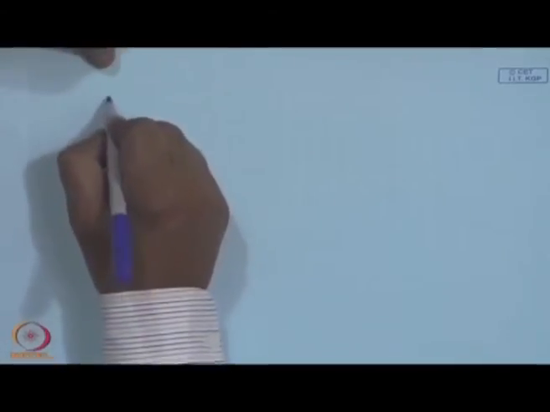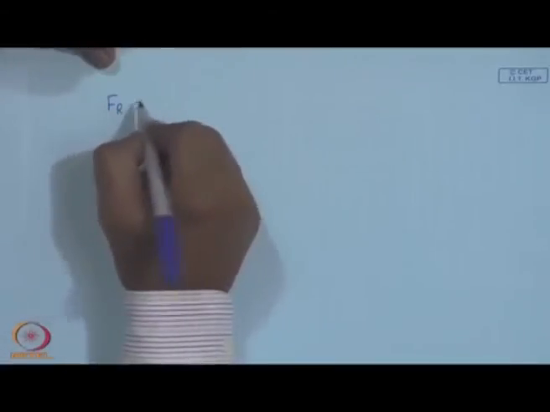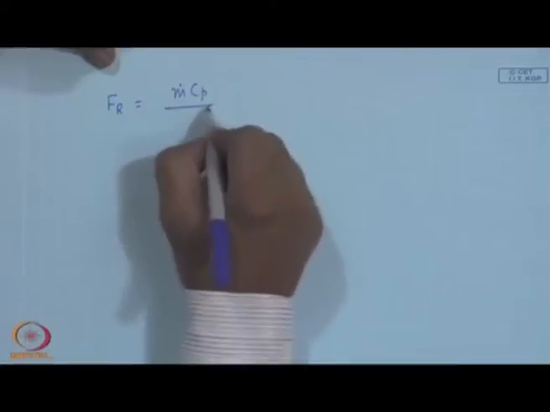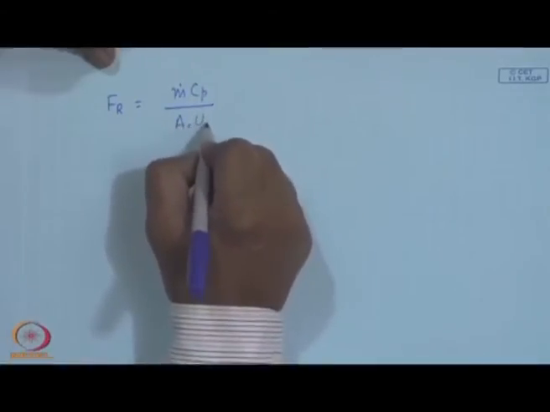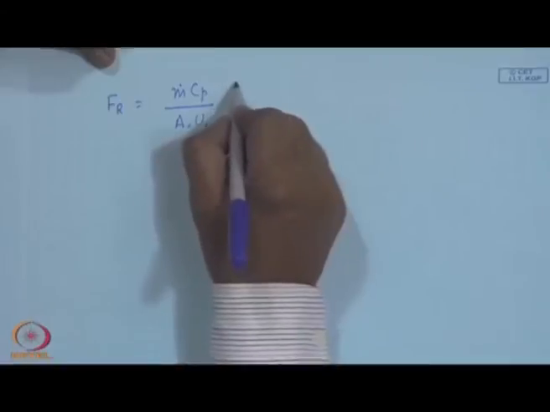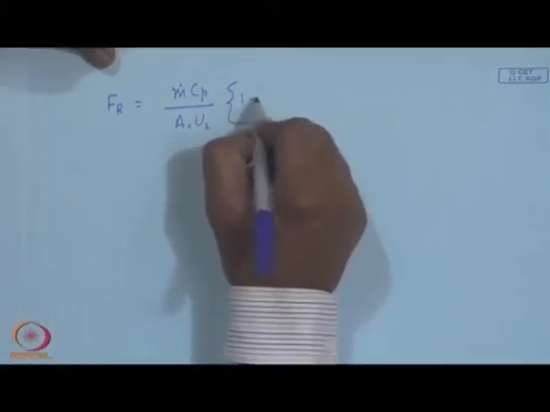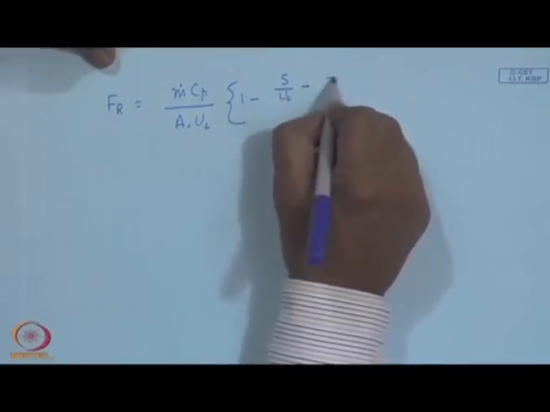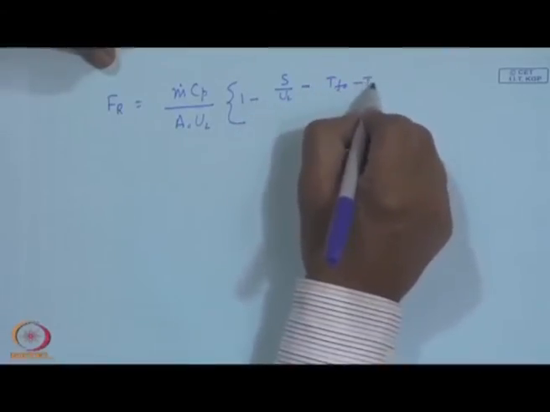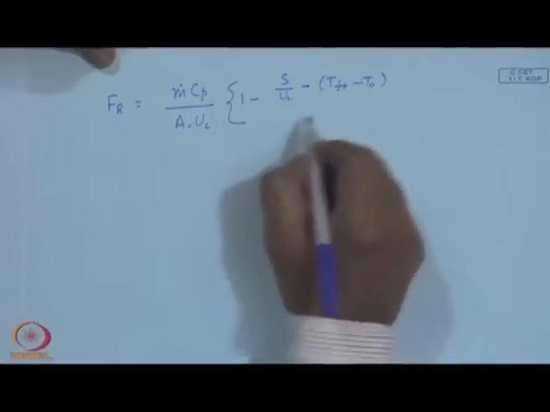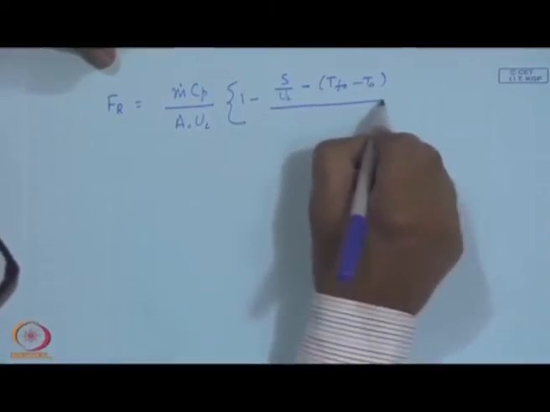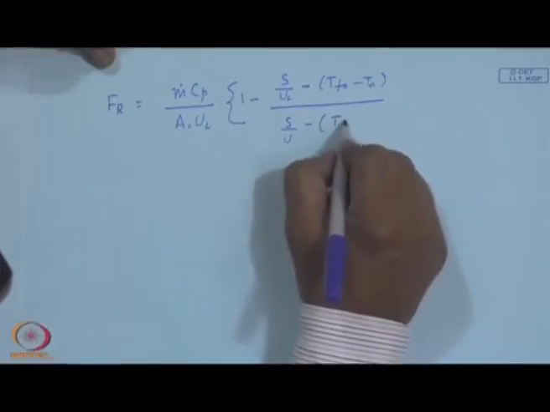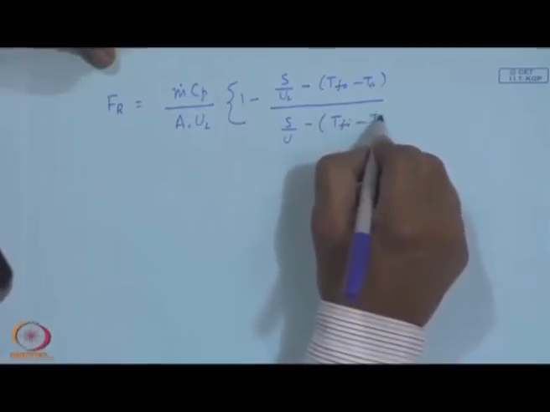So, F R will be, if I take out the common, m dot C p by A c U L times 1 minus S by U L minus T f o minus T a, by S by U L minus T f i minus T a.